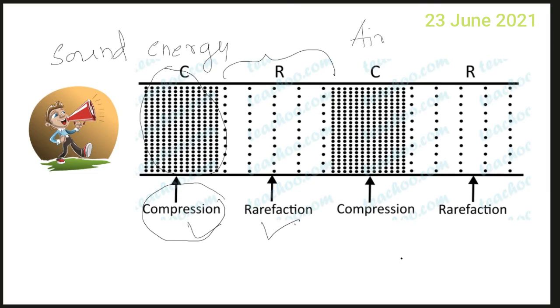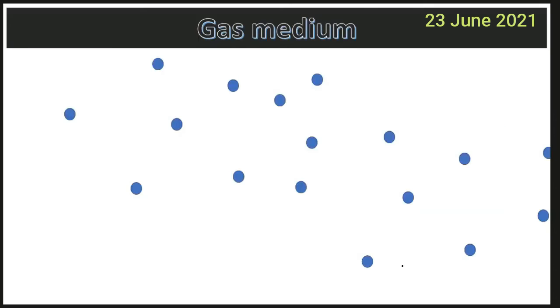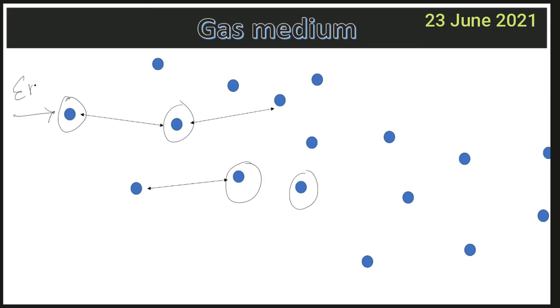We know that each of these media are different. I am speaking about gas, solid and liquid. You can visualize that gas particles are a bit away from each other. There is more distance between them. And since there is more distance between each of the air particles, the energy which is given to this particle takes some time to transfer here because of the distance between them.